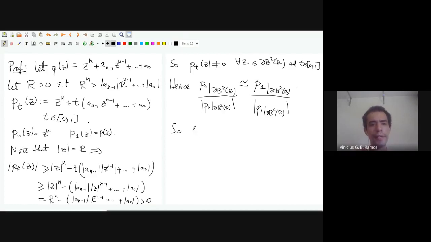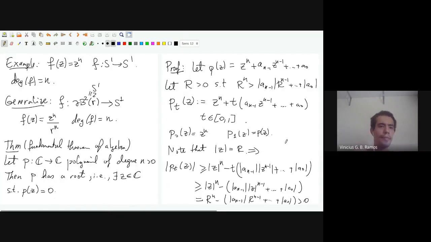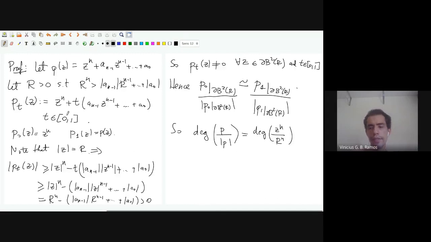So they have the same degree. So the degree of P over norm of P is equal to the degree of z to the n over r to the n. And by the example of last time, this generalization, this degree is equal to n.